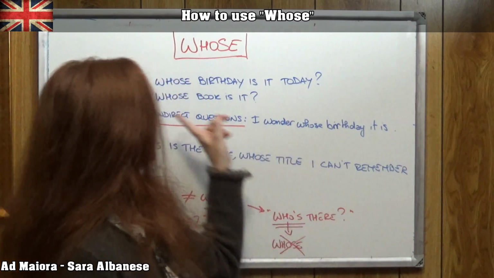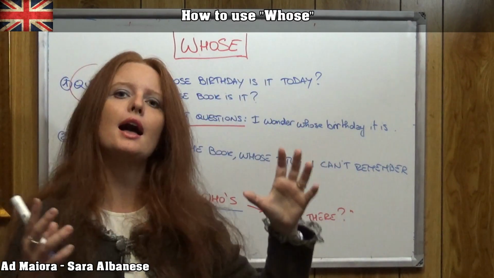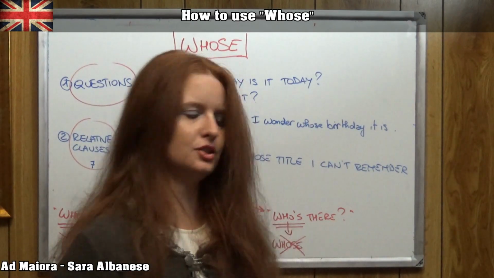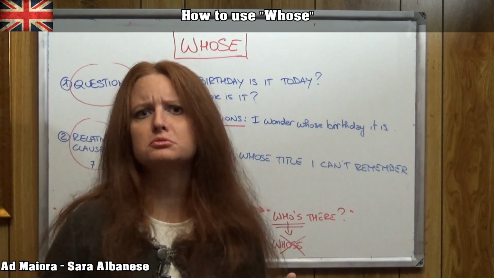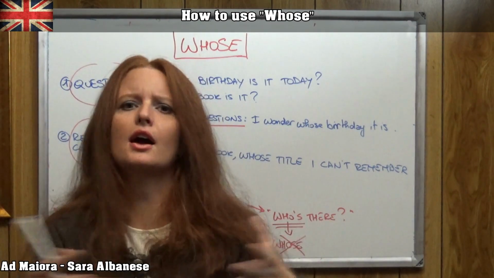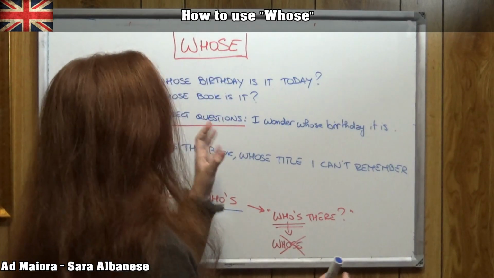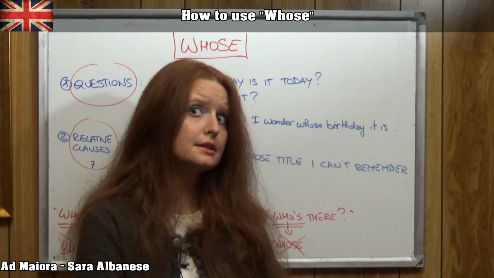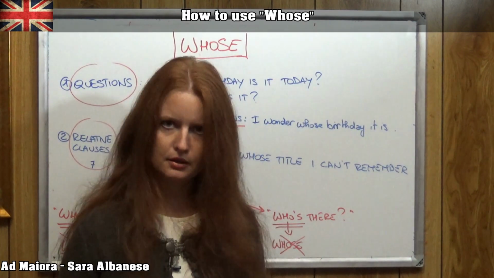Example, using the question we mentioned before about the birthday, I can create an indirect question. So, I wonder, I don't know, I'm asking you, I can use many different main clauses. So I wonder whose birthday it is. The meaning is exactly the same, I'm asking the same thing.